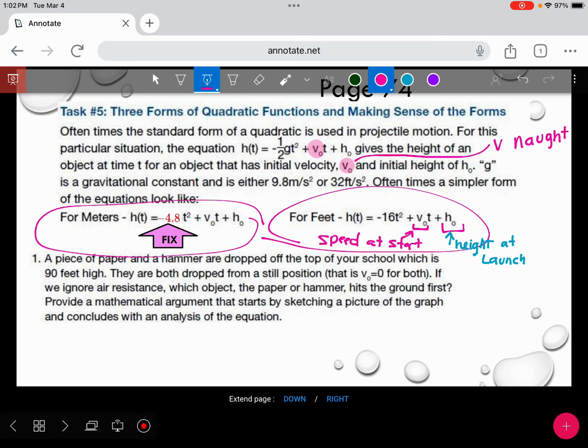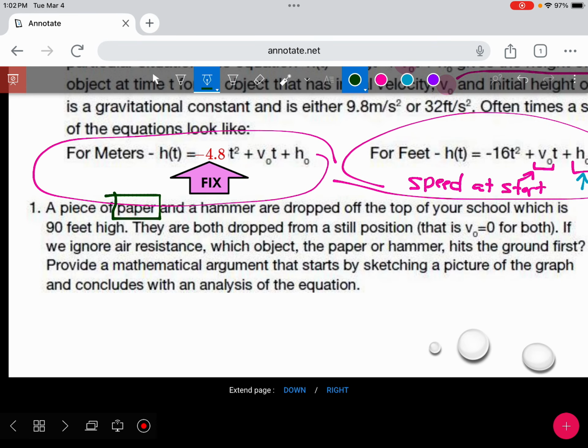What could I do to write an equation for the paper? What do we know about our paper in this situation? This piece doesn't have any variables we need to pick, so I'm going to bring it over. Our minus 16t squared. You guys got a question? Chance?